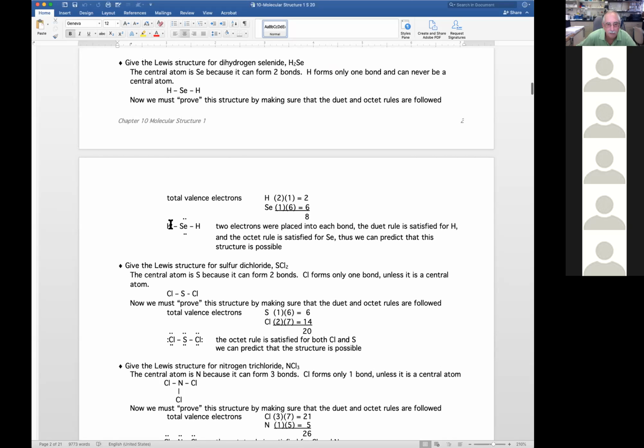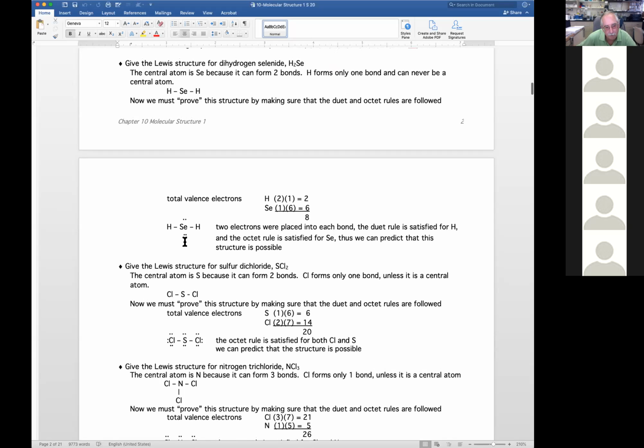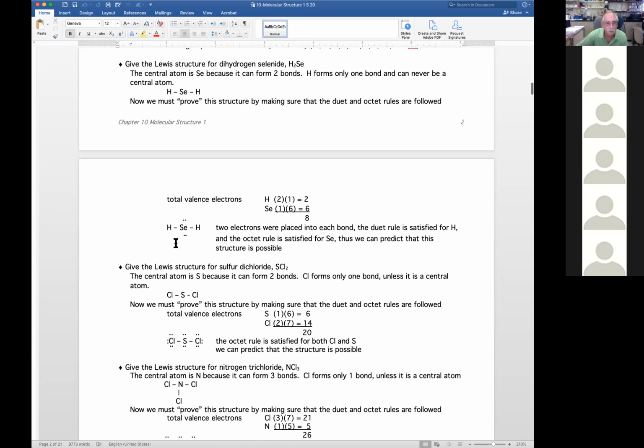It's not happy. It only has 4. It wants 8. So I put the 2 other pairs on the selenium atom. And now I look at selenium. It's got 2, 4, 6, 8 electrons around it, which represents s2p6. So because every atom in this molecule is happy, I predict that this structure does exist.